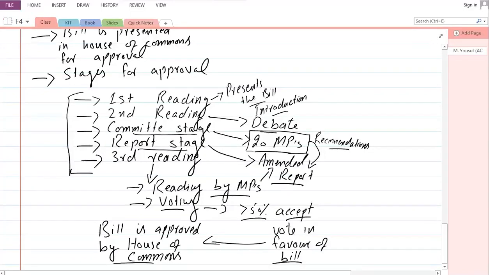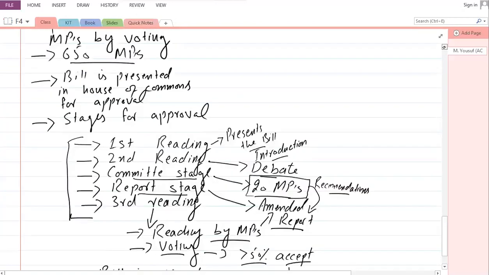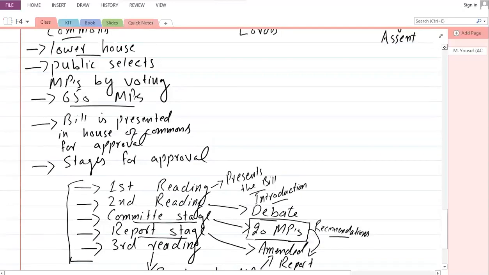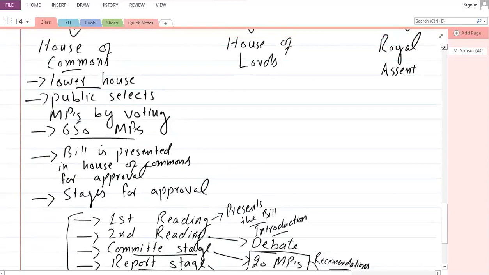So the bill that was initially presented by Mr. A for the protection of the environment is approved by the House of Commons. I am hopeful that you have understood. This is what we have read about the House of Commons until now.